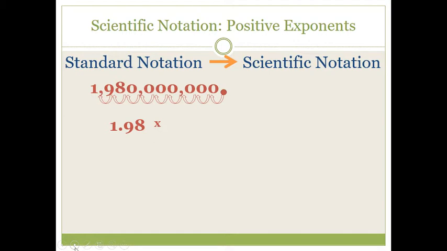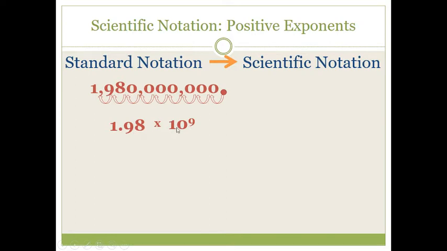And then we're always going to have times 10. To get the exponent on the 10, you simply count how many times you had to move that decimal to get it between the 1 and the 9. It was 1, 2, 3, 4, 5, 6, 7, 8, 9 times. So then 10 to the ninth power.